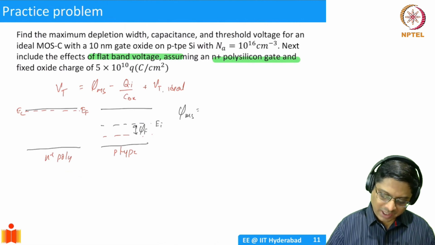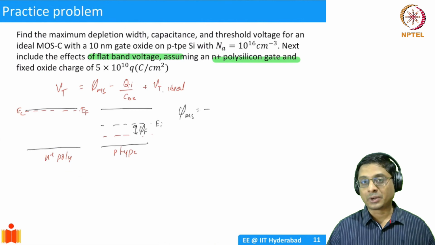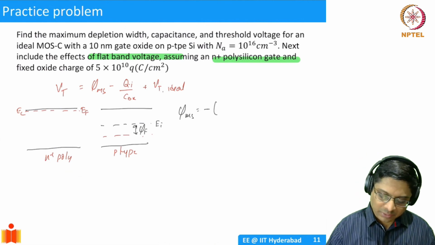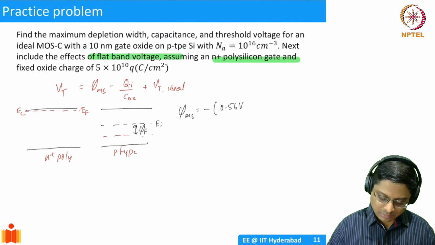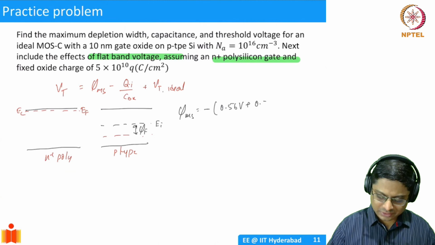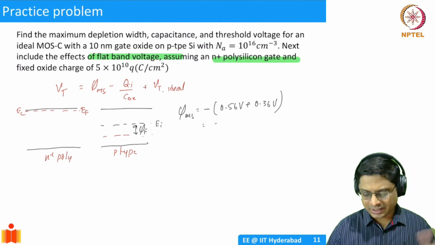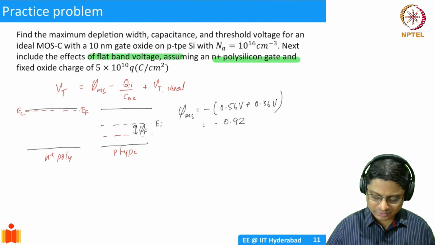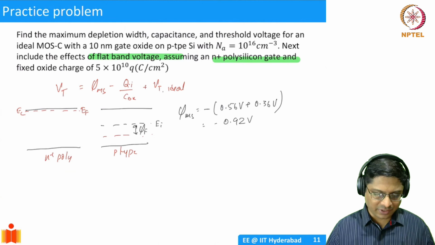Phi ms is going to be minus, because phi m is smaller than phi s. Phi ms is negative. Eg by 2, which is 0.56 volts, plus phi f. Phi f in this case was 0.36 volts. So minus 0.92 volts. Okay, this is going to be my phi ms.